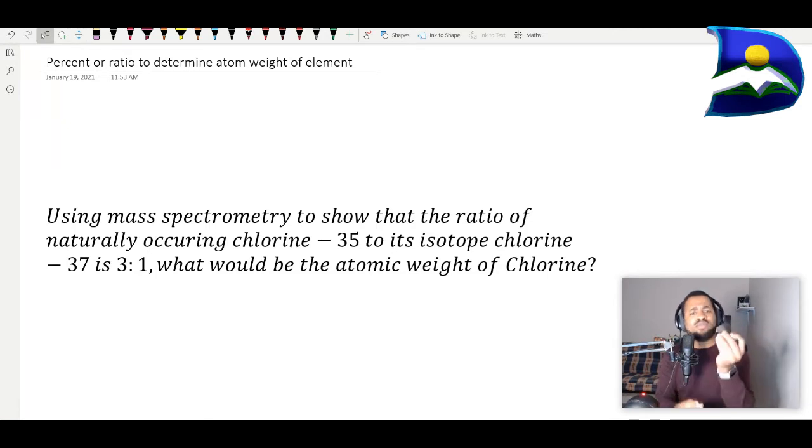Now, how would you be able to determine the atomic weight of chlorine? This is where you need to come up with a plan. You always need a plan to create a particular outcome. First is, what is the question giving me? So creating a plan implies that first, let's look at some of the terms that are shown in the question.